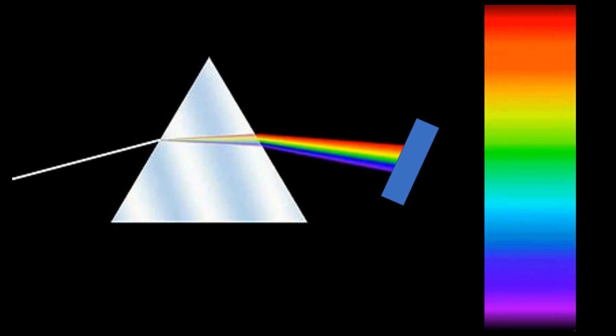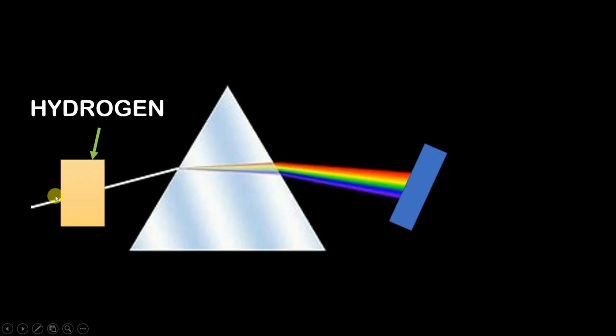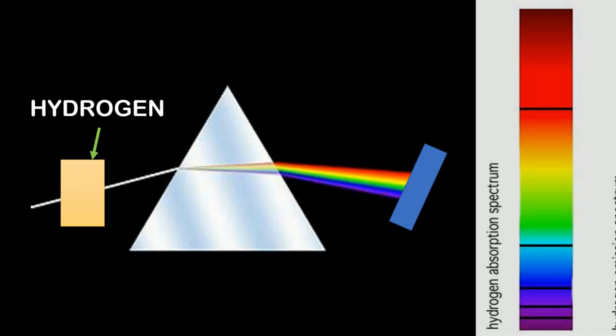Now I make certain changes over here. I keep a transparent hydrogen container in which there is hydrogen gas. So in between the path of the white light, we have now taken hydrogen gas. Because of this, what we observe is that instead of a steady color change, we get certain black color bands.